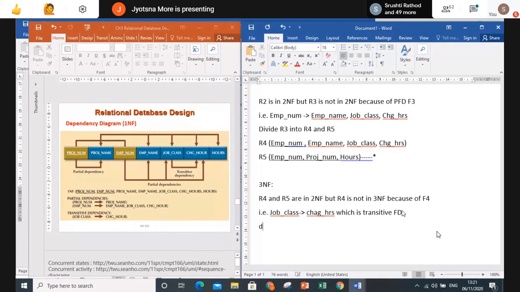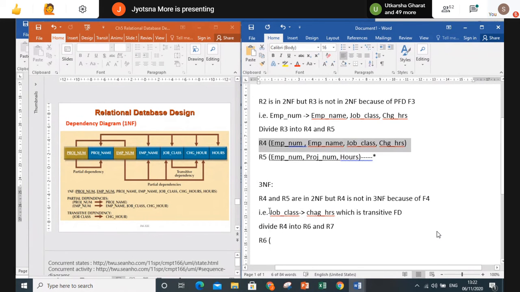Therefore, divide R4 into next two. Now we have done till R5, so we'll say R6 and R7. So our R6 will be, which we are dividing now, R4, right? So R4 is this.